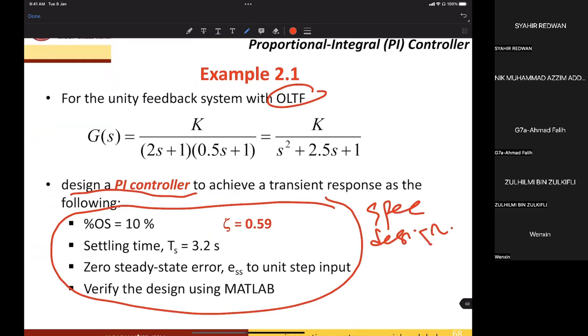Spec design: 10% overshoot, zeta 0.59, using graph or formula. The target is 3.2 second settling time, 0 steady state error, and verify the design using MATLAB. So we use MATLAB.